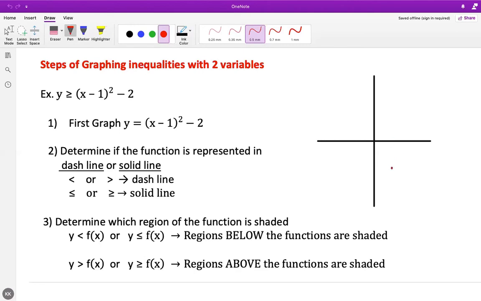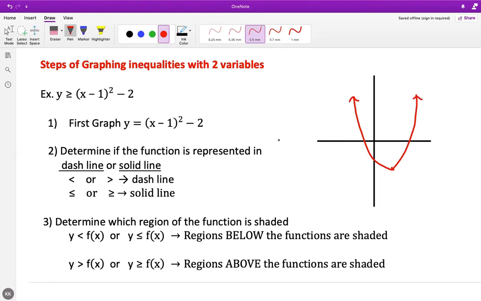We have the vertex around this position, and I'm going to open the parabola upwards because the a value, the leading coefficient, is equal to 1. So I just draw an upward-shaped parabola, and it looks something like this. This is a rough sketch for this equation.